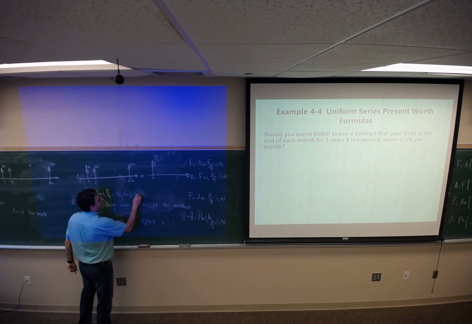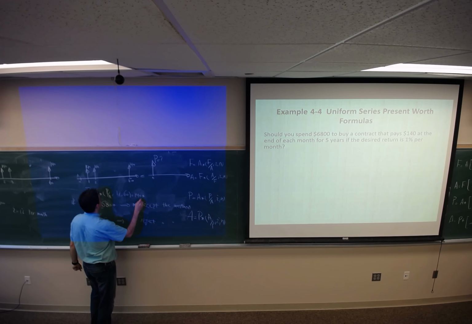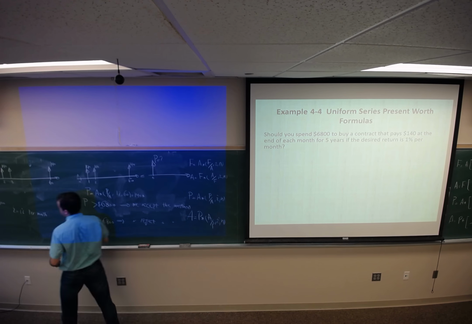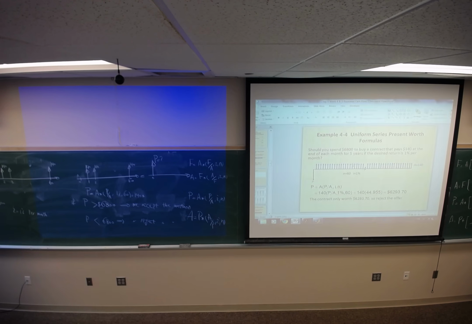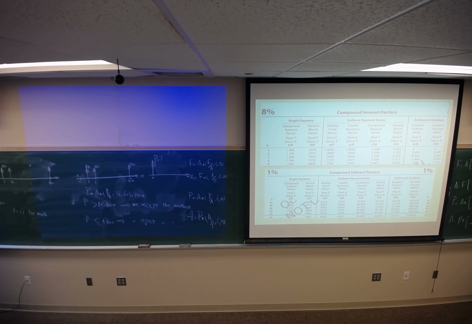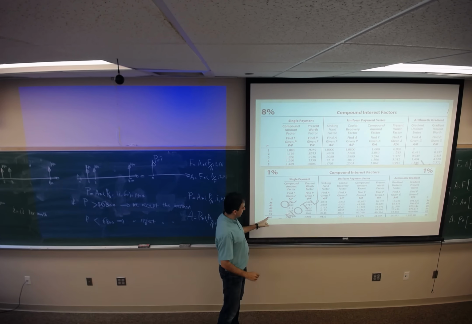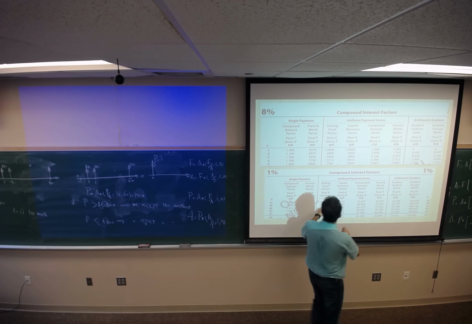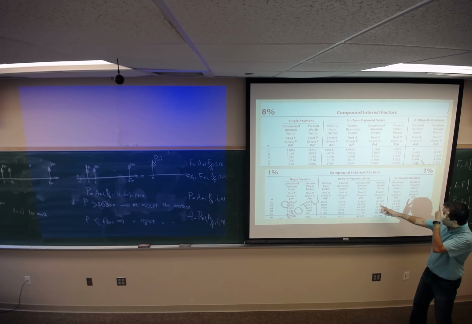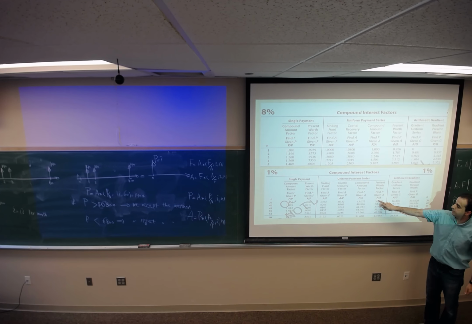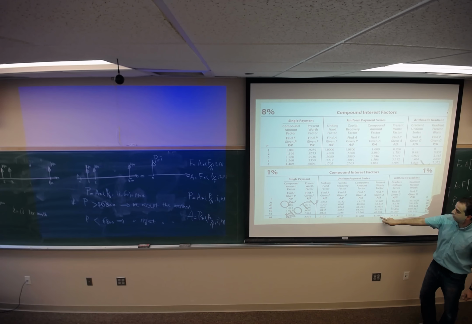A is 140 times, so this is 1%, this is 60. We are looking for P over A. We are looking for P when A is given, 44.955.